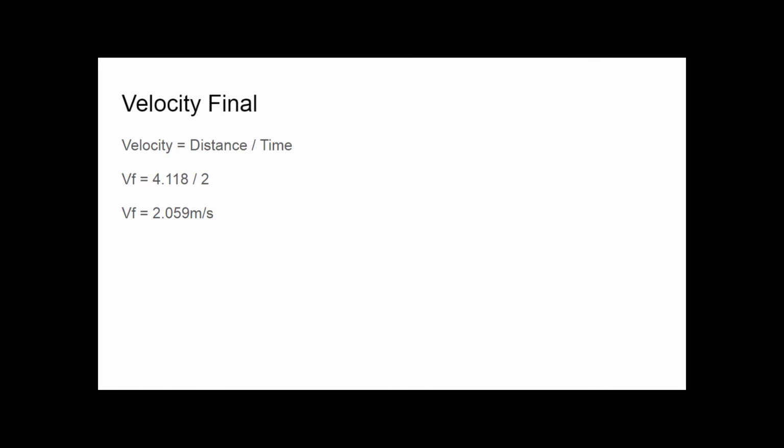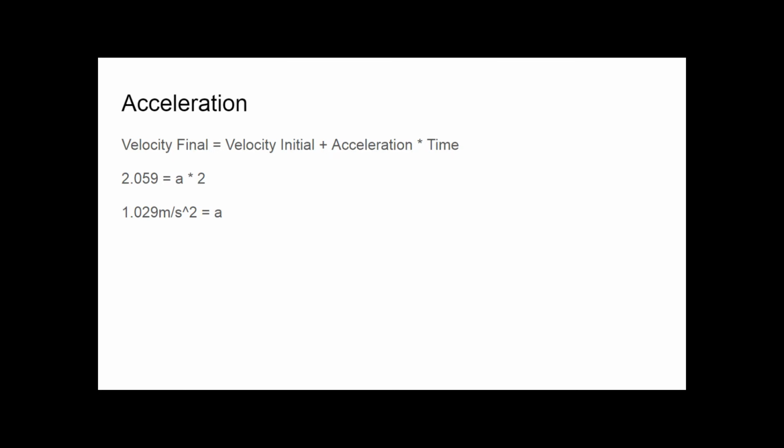To find acceleration, we need to first find the velocity final, and we can do that by velocity final equals distance divided by time. Velocity final would then equal 4.118 meters divided by 2 seconds, so that would equal 2.059 meters per second for the final velocity. And to find the acceleration, we'd use velocity final equals velocity initial plus acceleration times time.